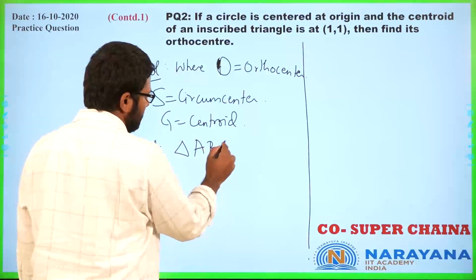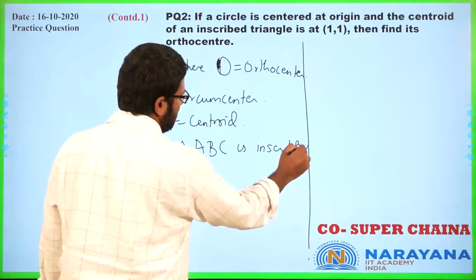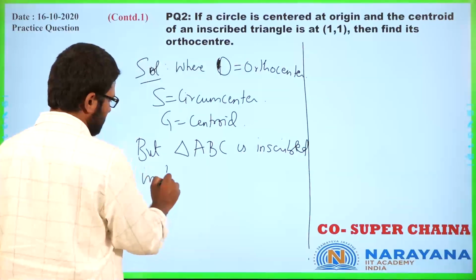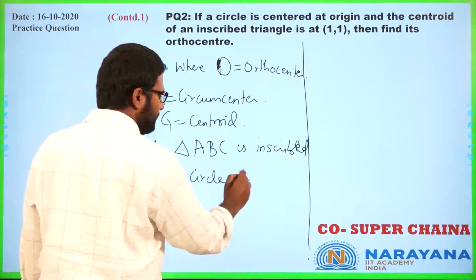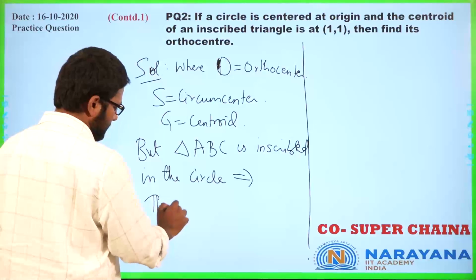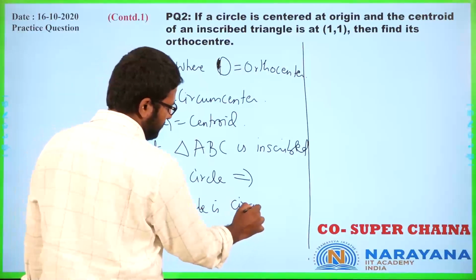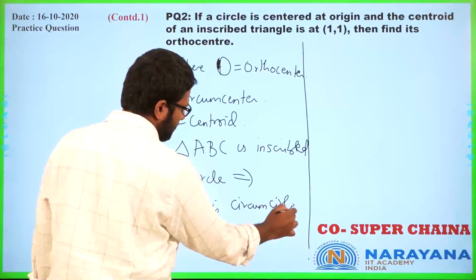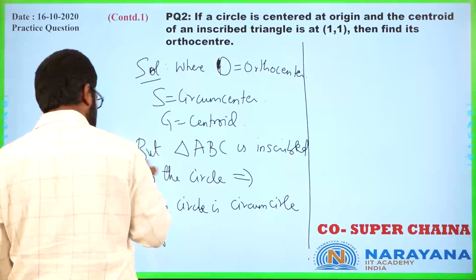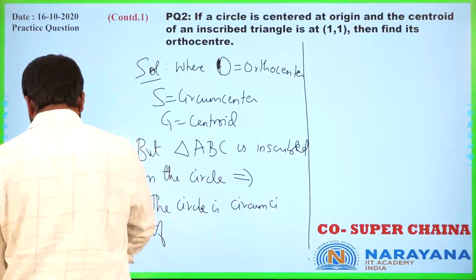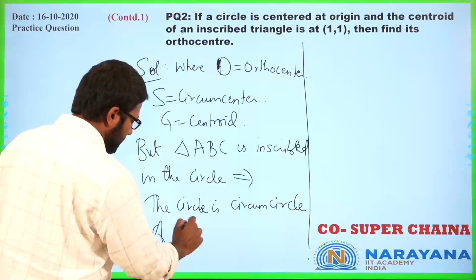But triangle ABC is inscribed in the circle, which means the circle is the circumcircle of triangle ABC.